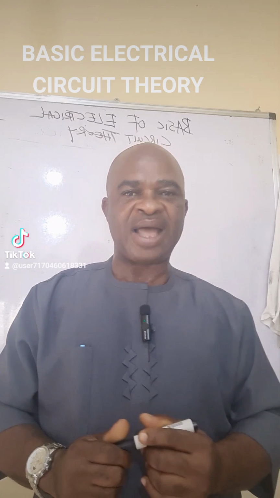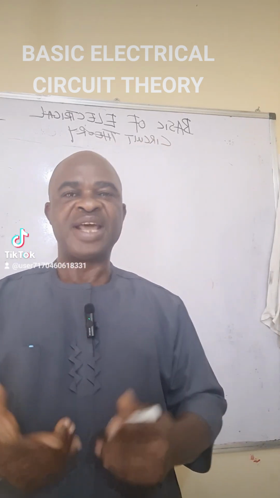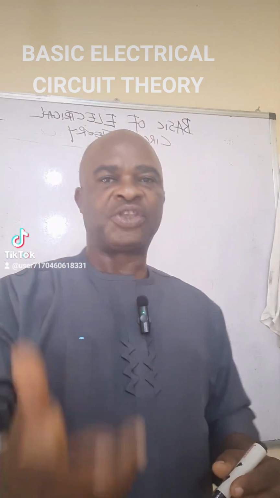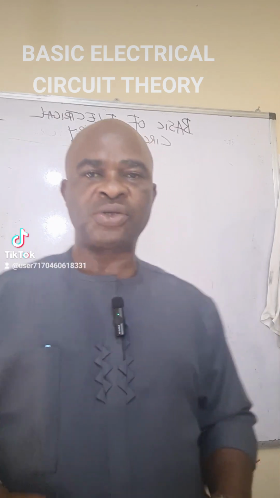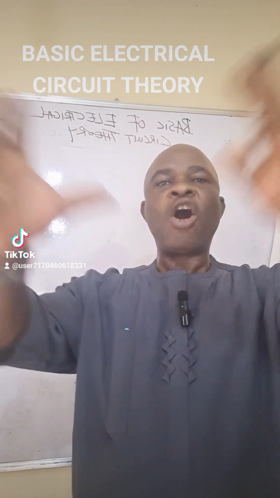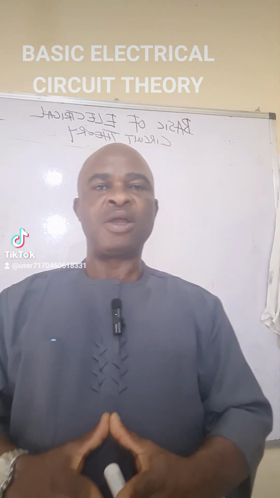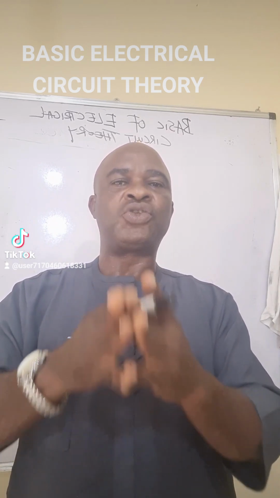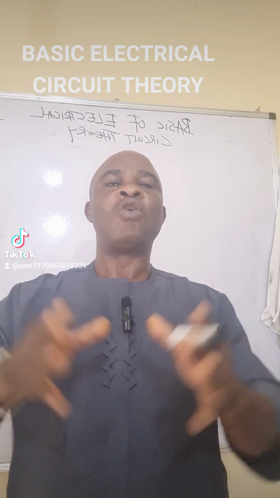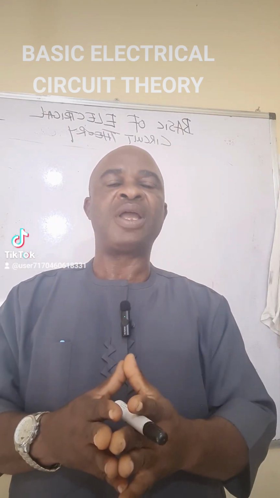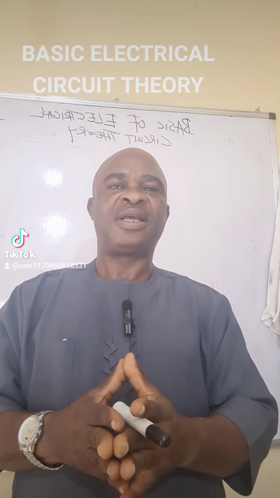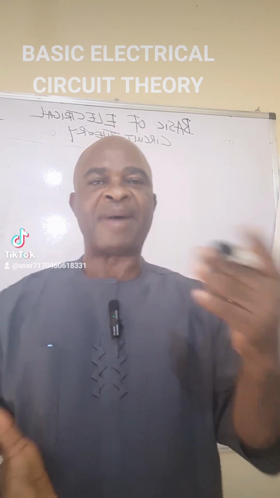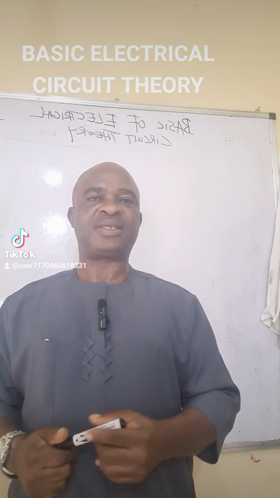These elements are, for example, the resistor, the inductor, the capacitor, the current source, the voltage source. All these things are combined together to give us the various circuit elements. In other words, we can call all of them parameters. We still come to that.